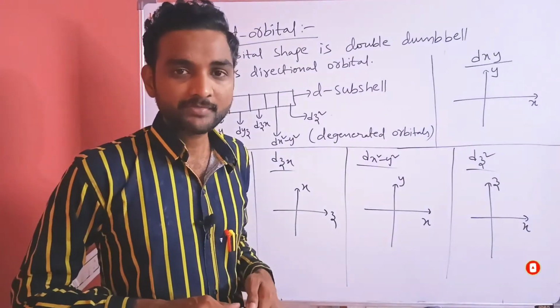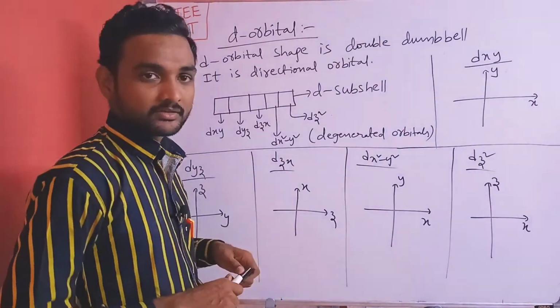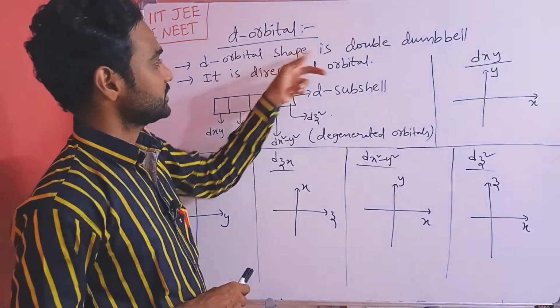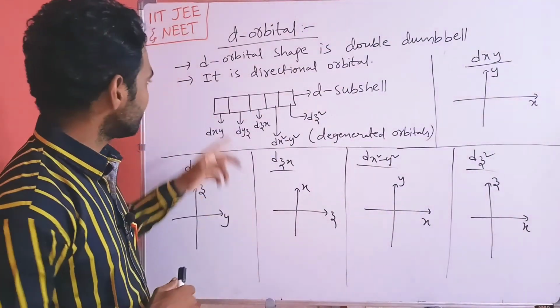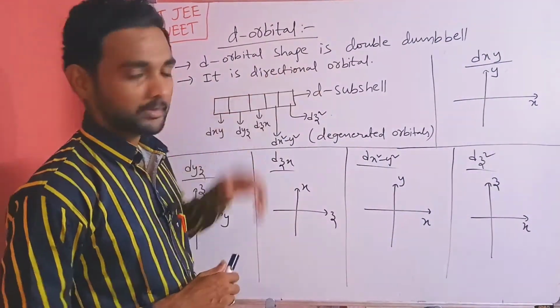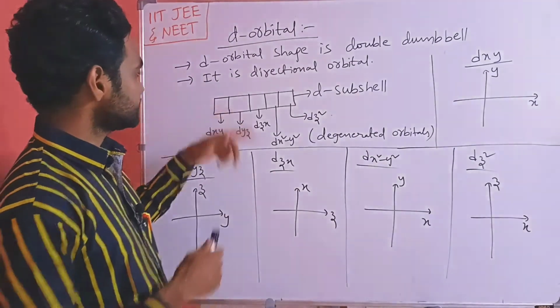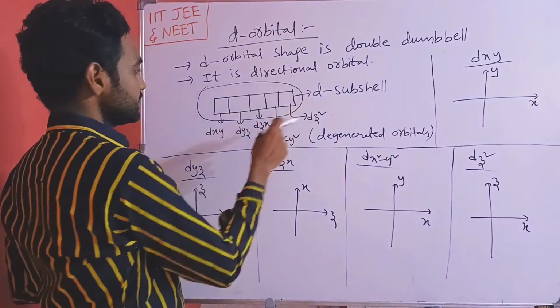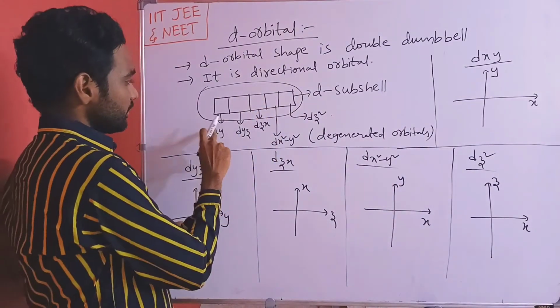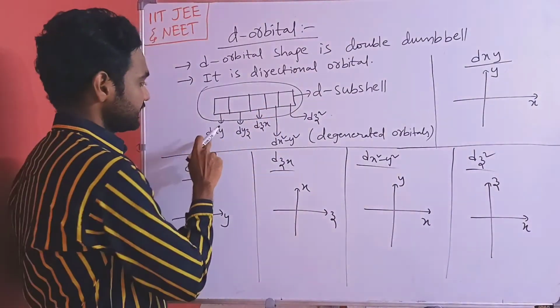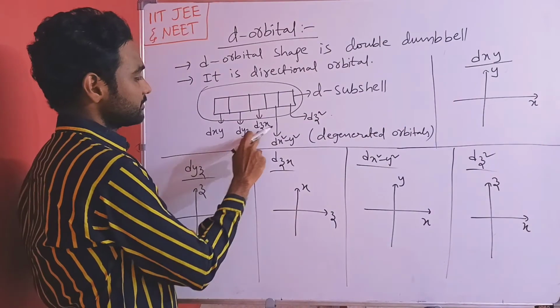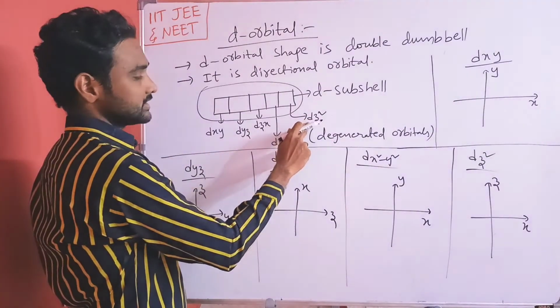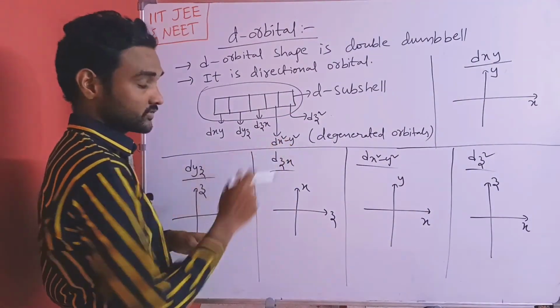Now let me explain the d orbital. The d orbital shape is double dumbbell. It is a directional orbital. This total is the d subshell. In this d subshell, 5 orbitals are there: dxy, dyz, dzx, dz square, dx square minus y square.